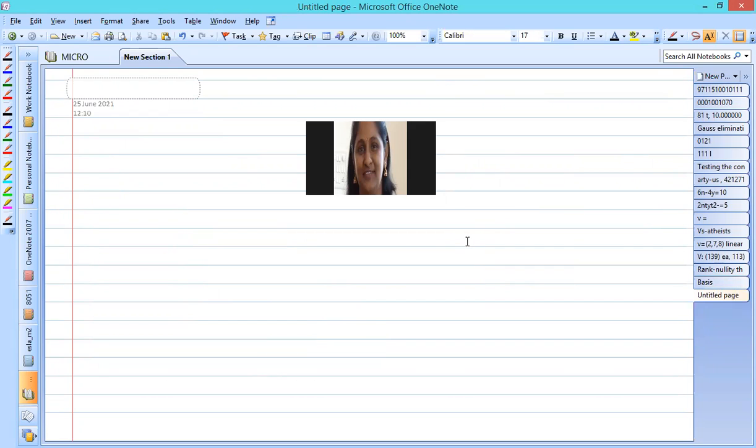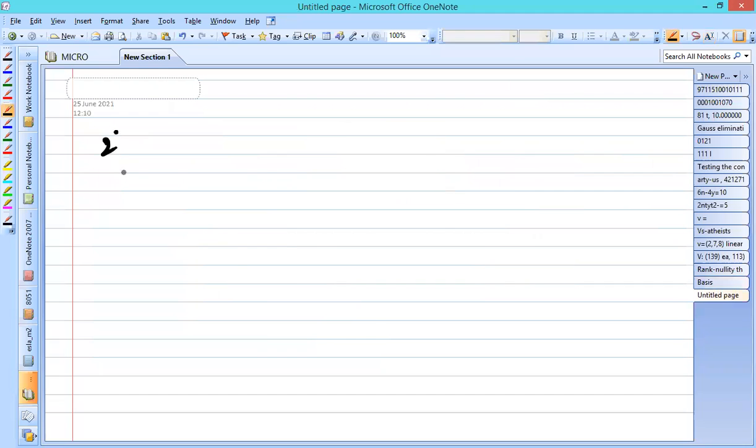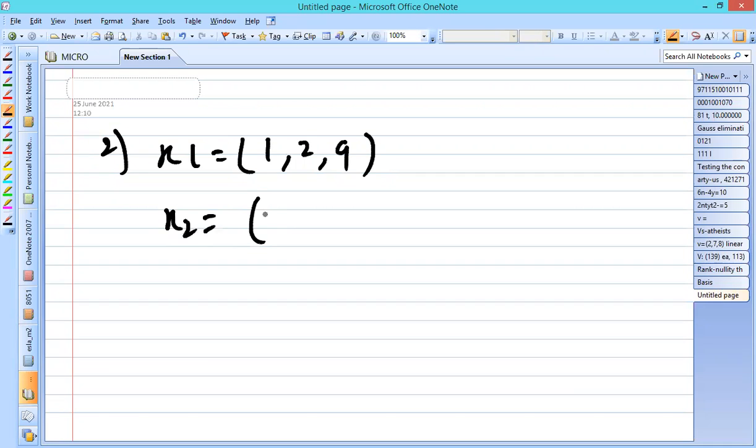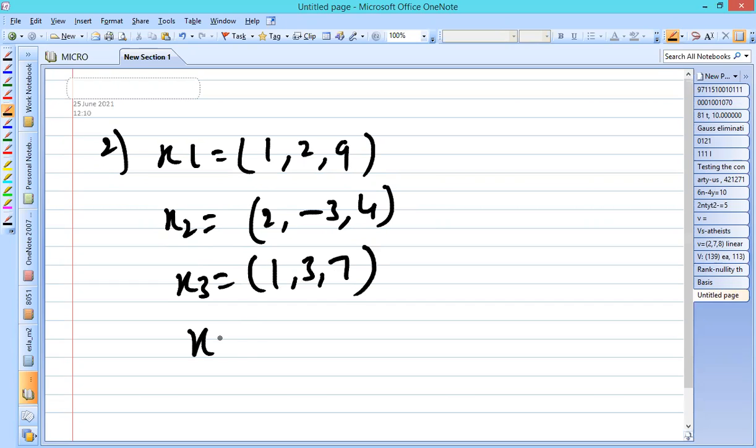Determine whether or not each of the following forms a basis. x1 with the elements 1, 2, 9 and x2 with the elements 2, minus 3, 4 and x3 with the elements 1, 3, 7 and x4 with the elements 2, 4, 8.